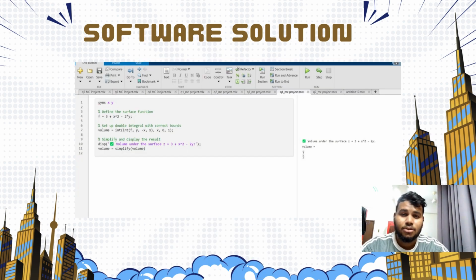So now we are in the software solution, because the software solution is one of the proven methods to check whether our manual calculation is correct or not. In the previous questions we used longer coding to get the answer. But this one, as I mentioned, is a volume, and the main process is the double integral, so we don't need a lot of coding to find this answer. The coding was much shorter, and straight away I inserted the question.